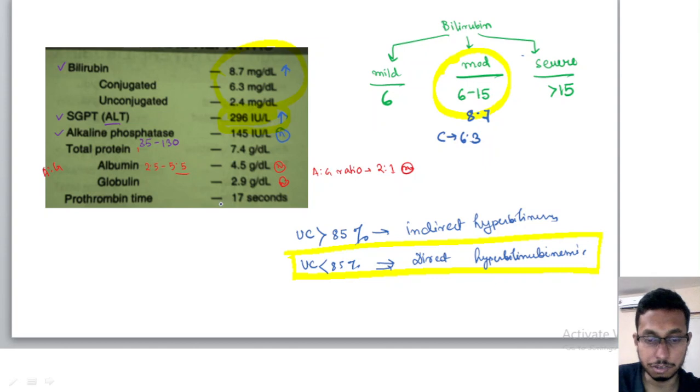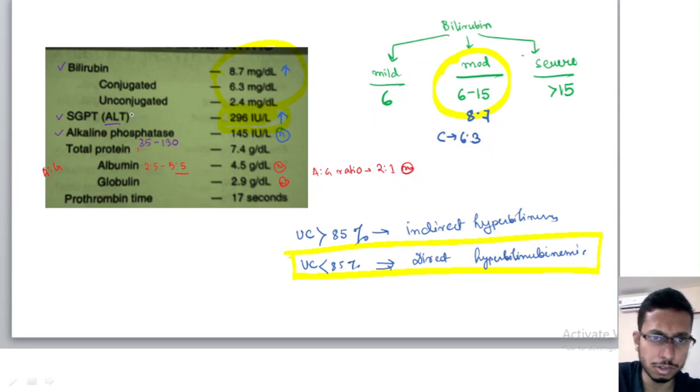A mild increase can be seen in parenchymal hepatic disorders, as in hepatitis or cirrhosis. A striking increase, like 5 to 10 times raised, with values in the 700 to 1000 range, can be seen only in biliary obstruction. So this is not cholestatic jaundice. It is direct hyperbilirubinemia mainly due to hepatocellular injury.